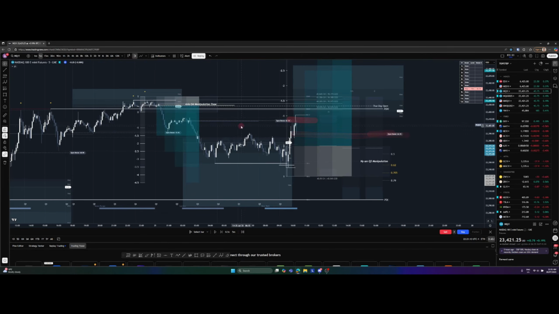Once we swept that high of that previous, once we swept the high of the previous 8 hour, because we're on 8 hour for more. So once that gets swept, shows us a retest. And continue up. So there's our TP1.